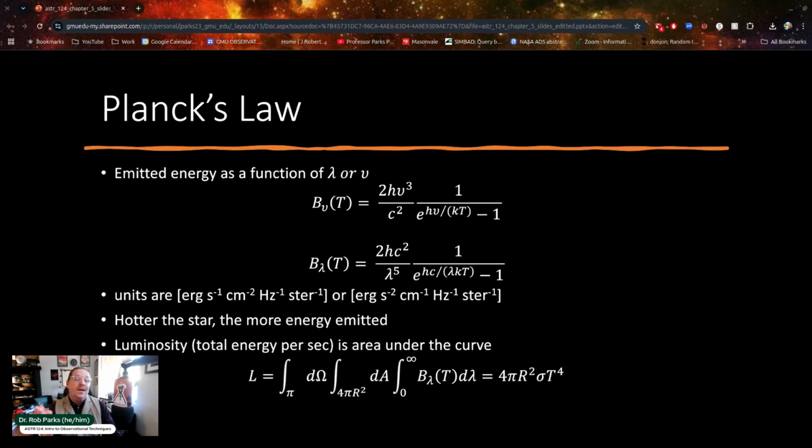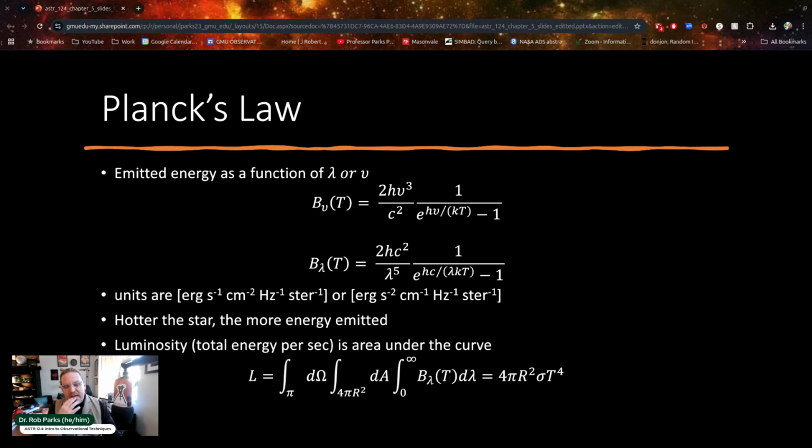Frequency is designated by the Greek letter nu. Lambda is the designation for wavelength. So these two equations are effectively describing the same thing, just in different terms, one in terms of wavelength, one in terms of frequency.